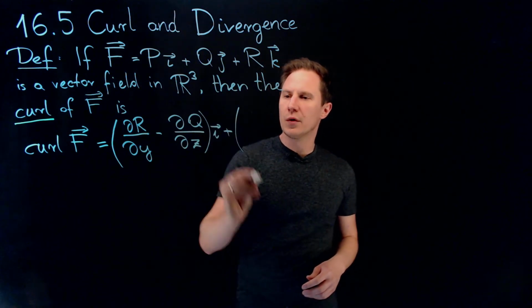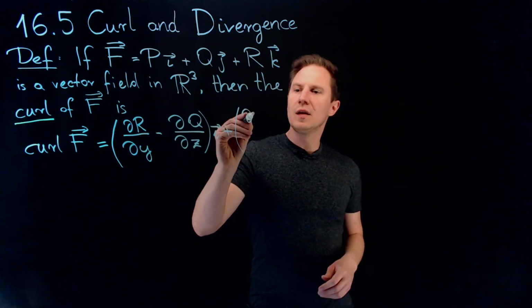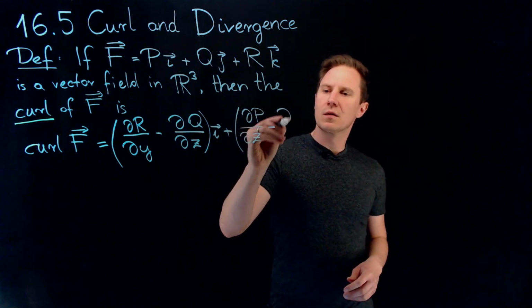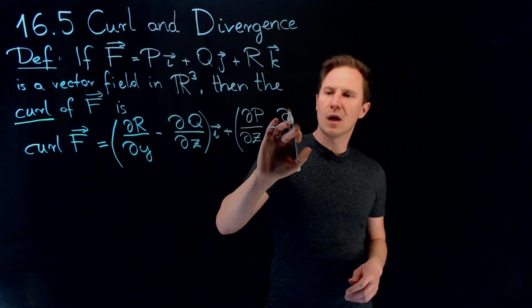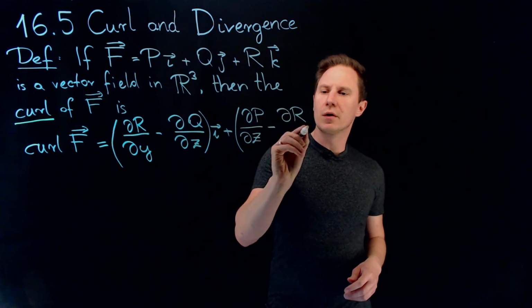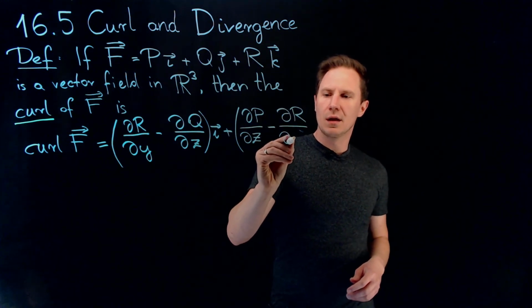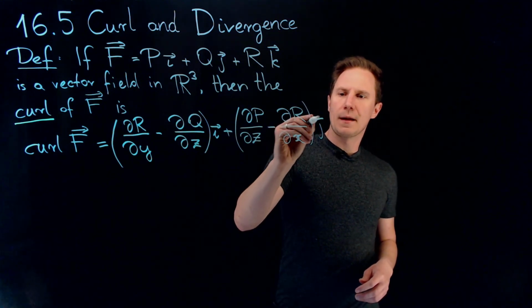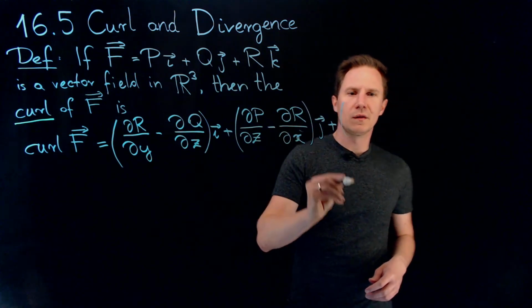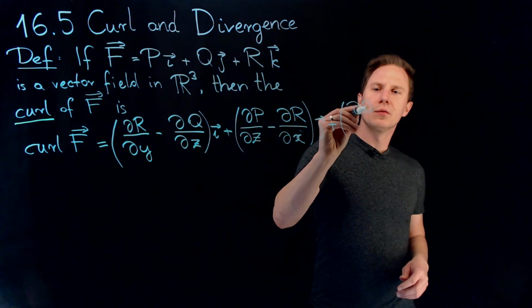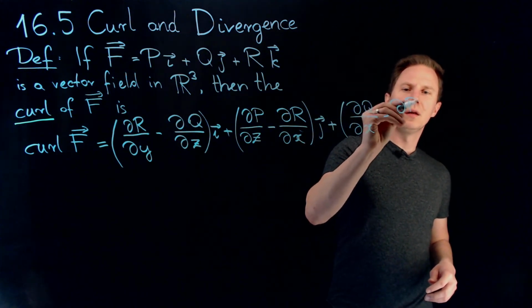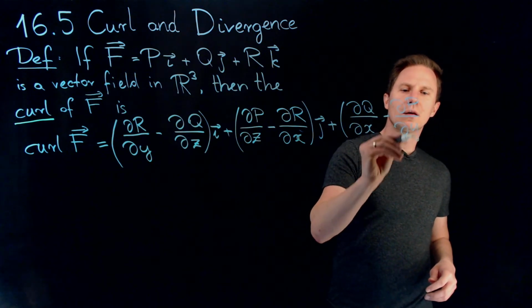The second component is dP/dz minus dR/dx. And the third component is dQ/dx minus dP/dy.